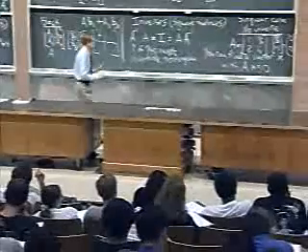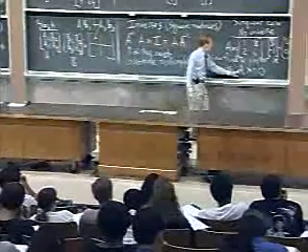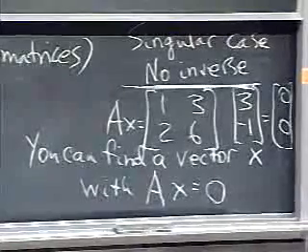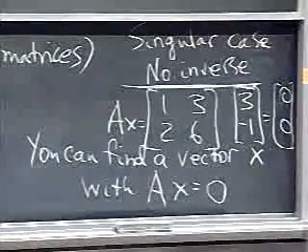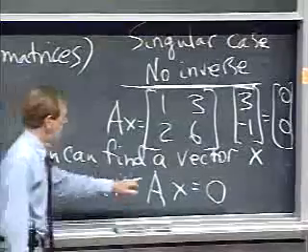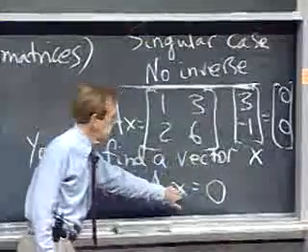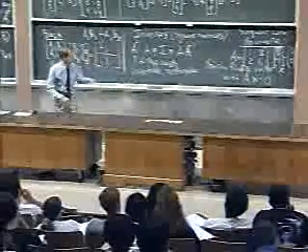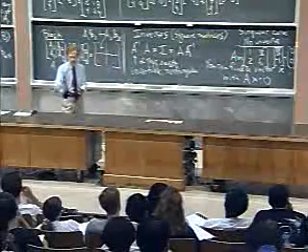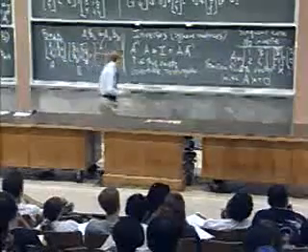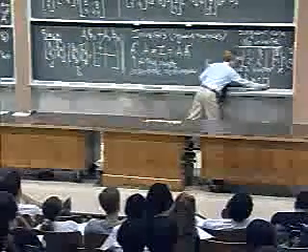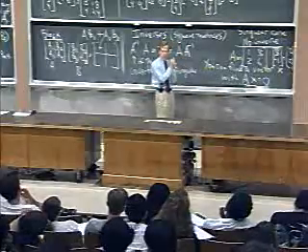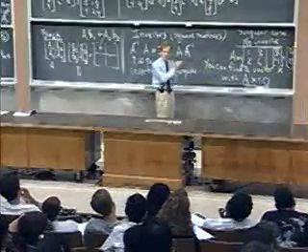What's the reasoning? If Ax is 0, suppose I multiplied by A inverse. Well, here's why this spells disaster for an inverse. A matrix can't have an inverse if some combination of the columns gives nothing. Because I could take Ax equals 0 and multiply by A inverse, and what would I discover?